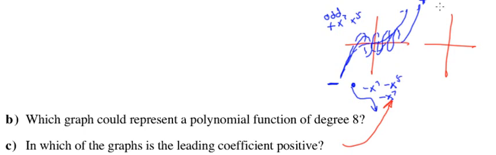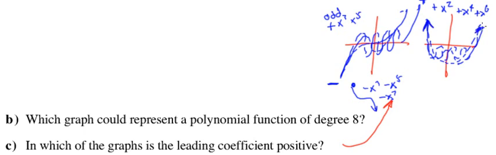For the evens, you get U-shapes generally. If you have positive x squared, or positive x to the fourth, or positive x to the sixth, etc., you'll get a U-shape that'll go positive on both ends. It may have a bump in the middle, like a quartic. It may have a whole bunch of bumps. But on the two ends, as x becomes very big, it'll go into the positives.